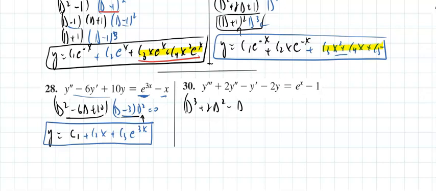Never mind. There we go. And that's really d squared into d plus 2 minus d plus 2.